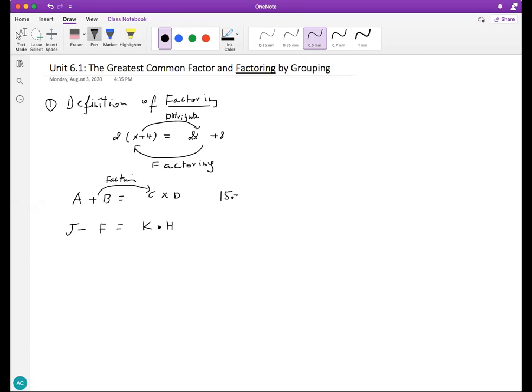Here's a simple example. 15 is basically just a product of 3 and 5. So 15 is basically 3 times 5. We call these factors of 15. So 3 and 5 are factors of 15. Could be more numbers here if you could break it down more.